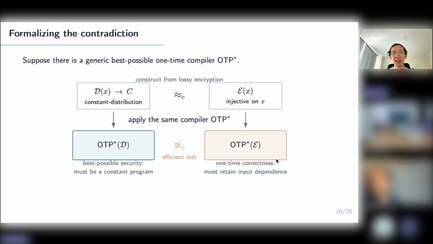And now we have a contradiction, because we can always efficiently test whether a program is constant or not. So we can distinguish OTP star of D and OTP star of E. From this, the conclusion is that the OTP star procedure must be inefficient, because otherwise we have an efficient distinguisher that breaks lossy encryption.